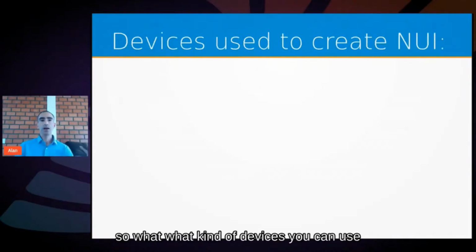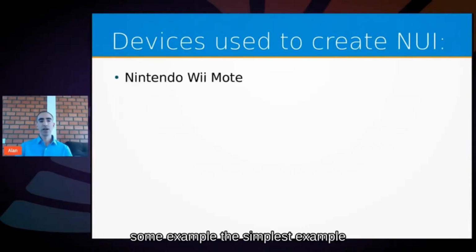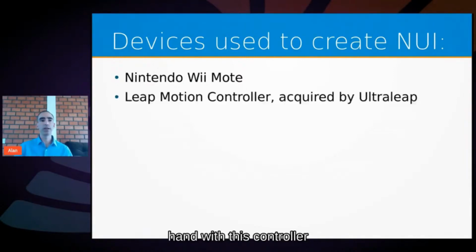So what kind of devices can you use to create a natural user interface? The simplest example is the Nintendo Remote, where you can move the screen just by moving your hand with this controller.